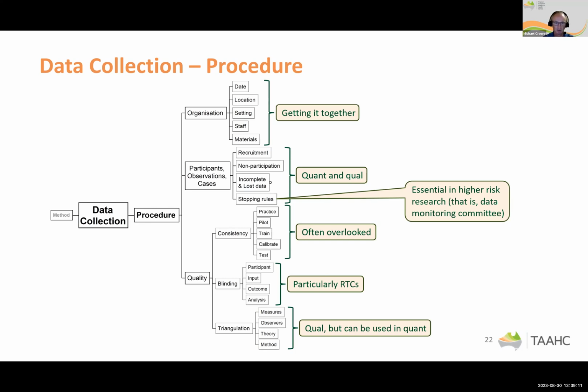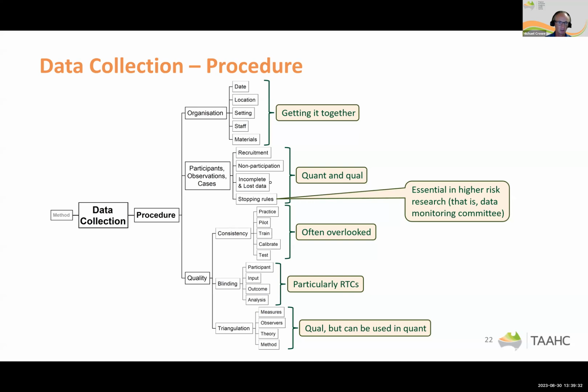Research and introducing new different therapies and drugs is risky. And that's why for things like randomized controlled trials, there'll be data monitoring committees who will look at the data to check to make sure harm isn't being done.